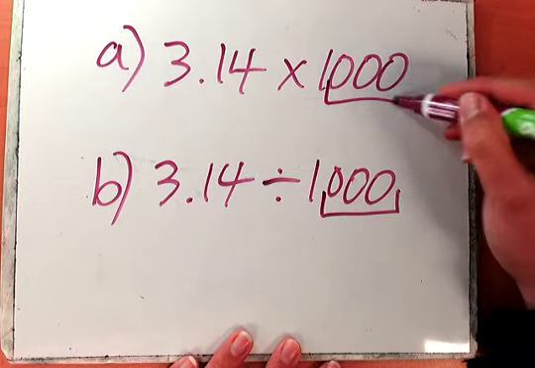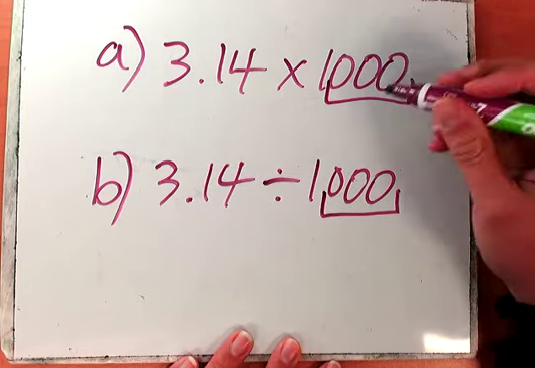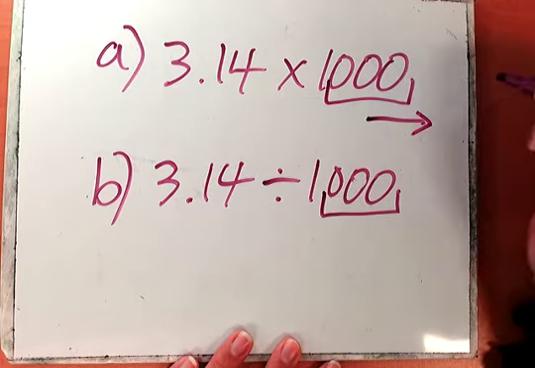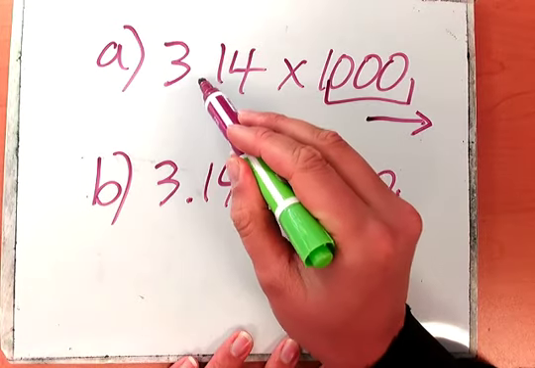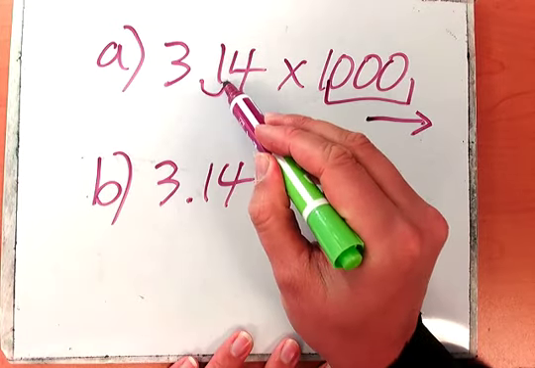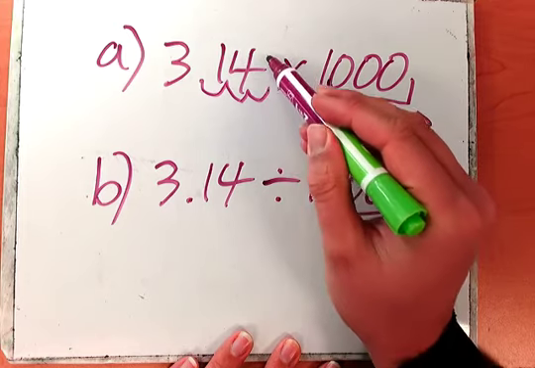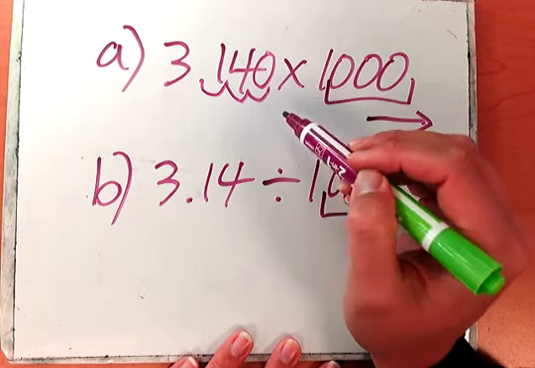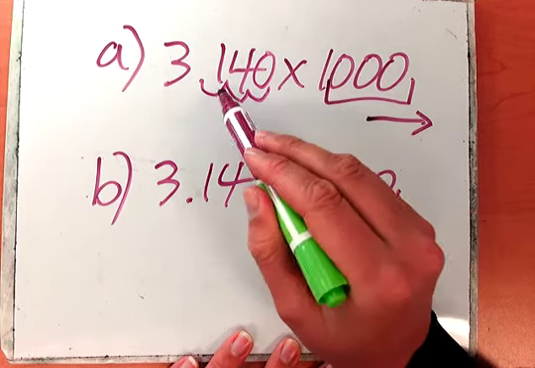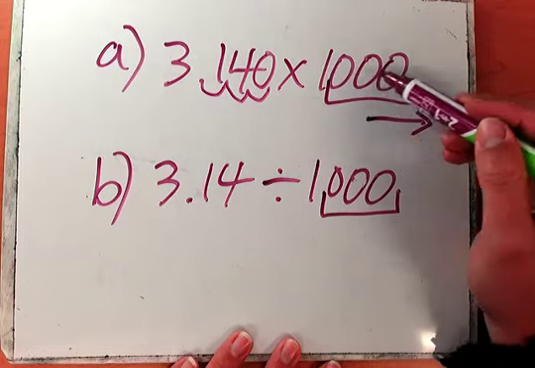When you times by 1,000, you're moving it that way. So the decimal point moves once, twice, and 3 times. Don't forget there's a phantom 0 there. So we move that 3 times because 1,000 has 3 zeros.